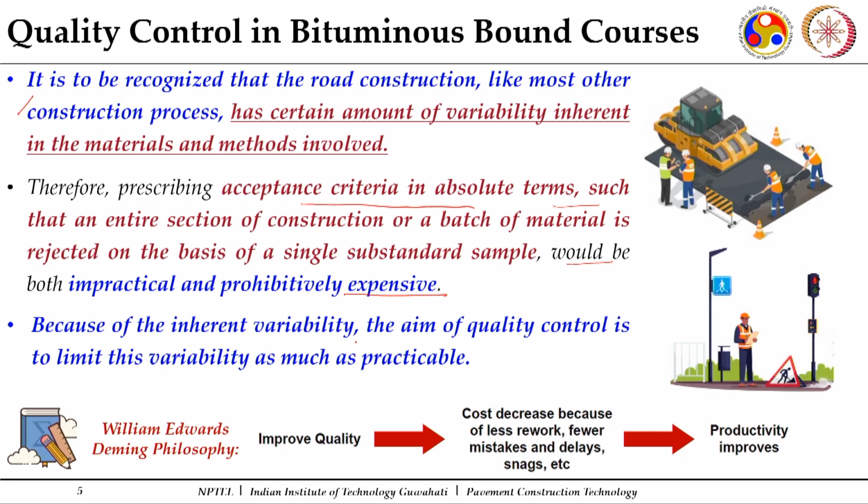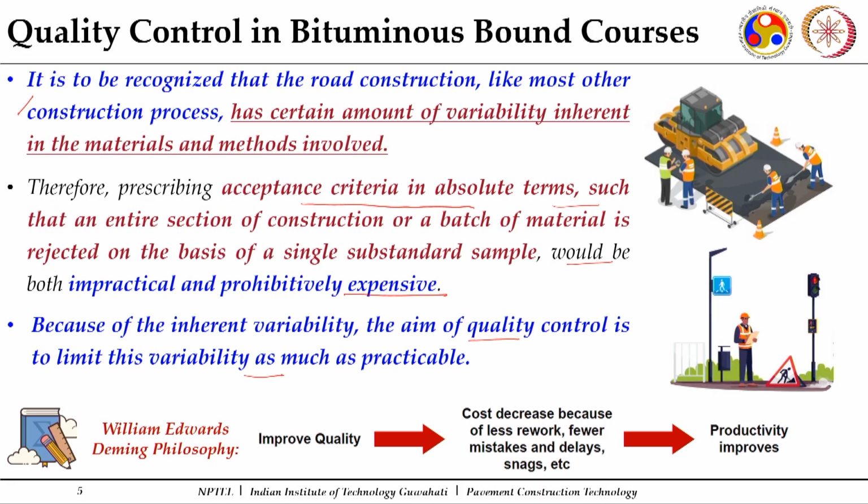Because of the inherent variability, the aim of quality control is to limit the variability. Wherever the sources of variability are there, they can be limited. So, first of all, one needs to figure out, during bituminous mix production, the sources where variability is likely to take place, where the chances are high, and then certain measures can be taken to reduce that variability, so that the final product is what you desire.